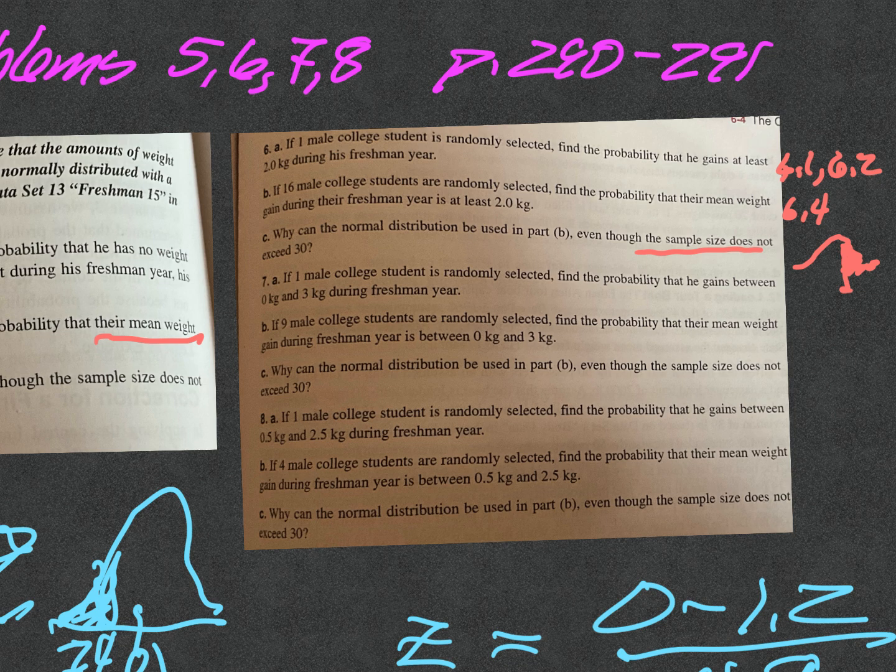In 7, the probabilities are going to be between 2 values, so we do the 1 minus the other because we're finding areas. So we're doing the problems exactly the same way as we did here, except we're using the standard error. And then number 8 is between as well. So I'll do 7 or 8 as an example, and we'll go from there, all right?